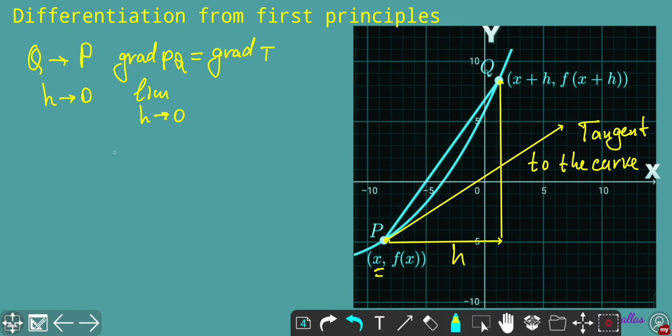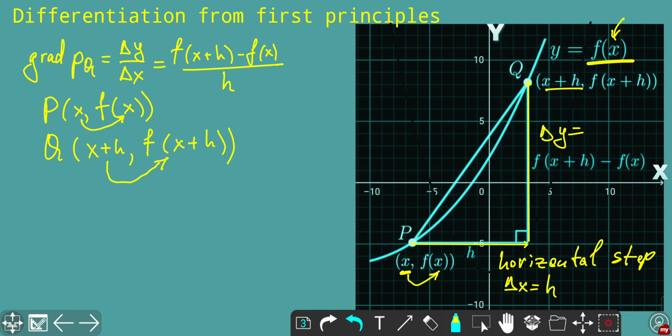So that's why gradient PQ will be equal to gradient T only when h is very, very small. So that's why we can write that gradient PQ, when we're taking the limit of h very close to 0, in this case, and only in this case, you'll have the gradient of T. Okay, so let's move back to gradient PQ.